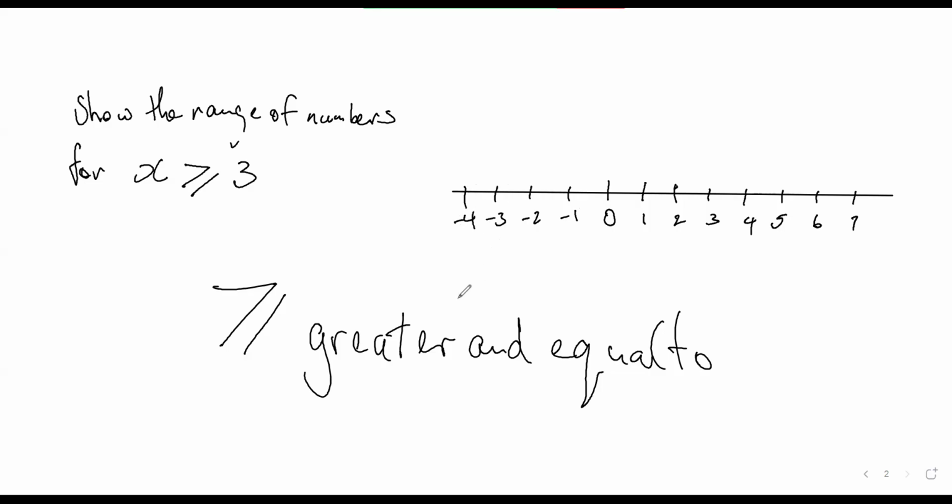All right, let's go. Great. So give me the range of numbers. I need 4 numbers for when x is greater than and equal to 3. So I'm seeing some answers.